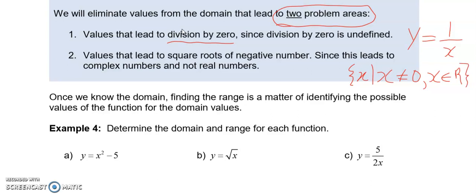Now for a simple function like that, what we call a rational function, if there are x's in the denominator but no x's in the numerator, the range is always the same thing. If you put values of x in there, you can get back almost every number that there is except 0 again.